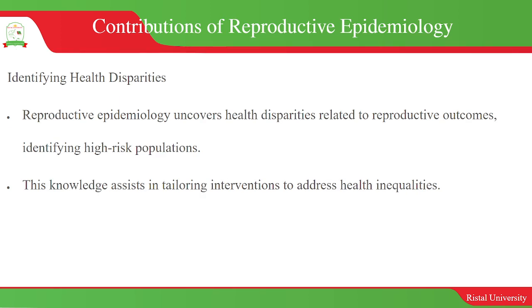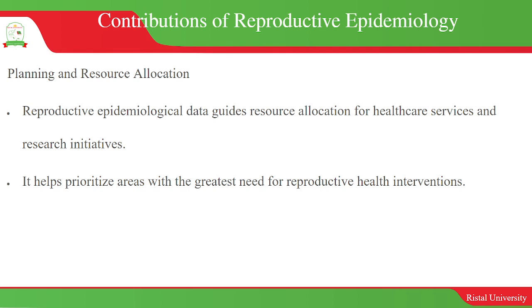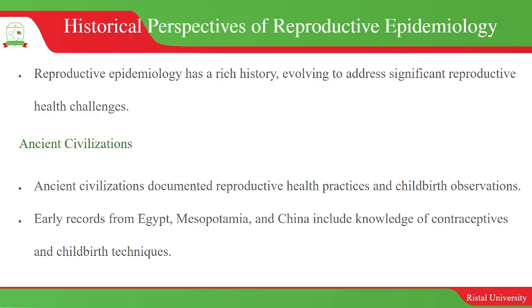Okay. You will also be able to identify the populations or the subpopulations that are having poor reproductive health outcomes compared to others. That is a case of health disparities. Okay, so planning and resource allocation also becomes very, very key.